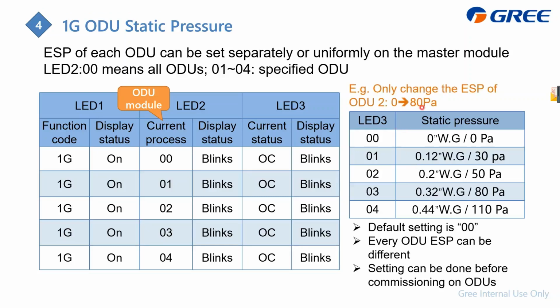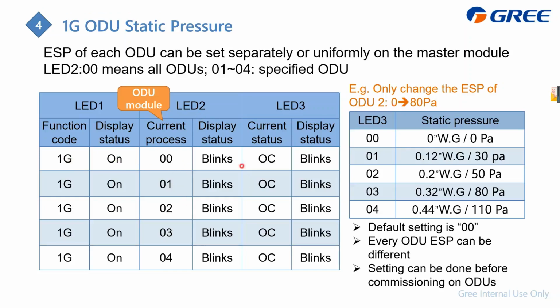For example, if we want to change the ESP of outdoor unit 2, for module 2, from 0 to 80 Pa, how to do the setting? At first, we should choose 1G, the function code, and choose this module.